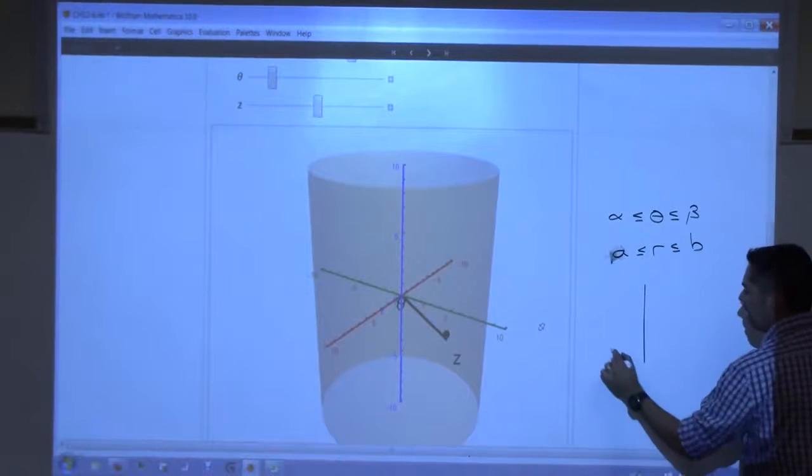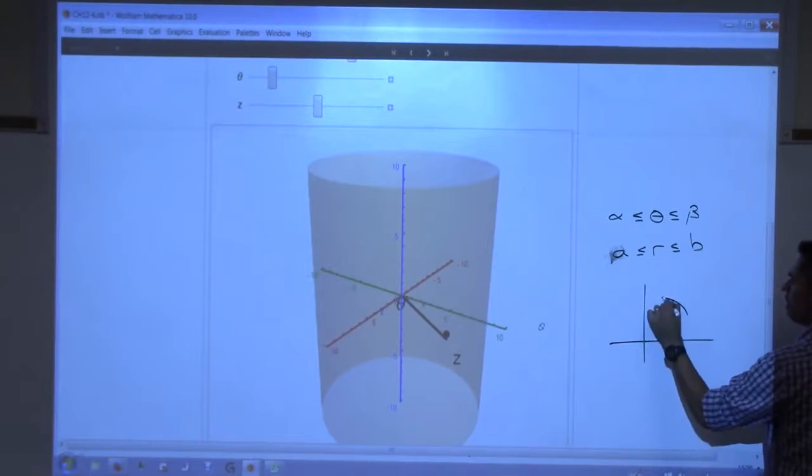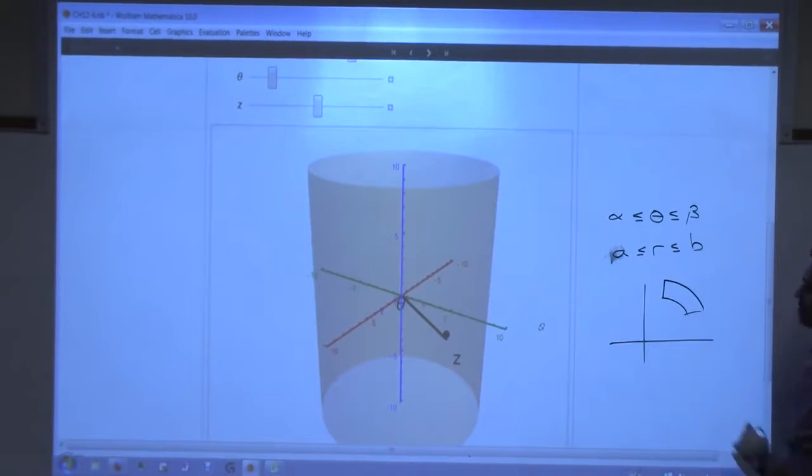We saw last class that this would draw this polar rectangle. Remember that from last class? That's what this draws. All we're doing now is turning that, and that's the ground, and we're letting z just be z, whatever it wants to be.